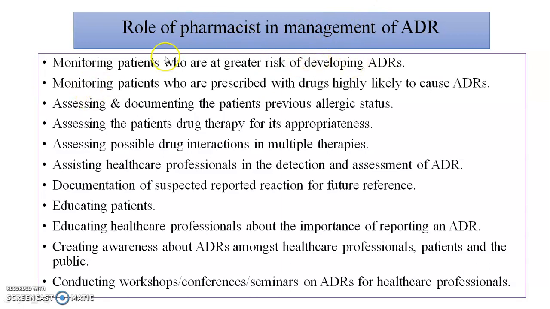Pharmacists should monitor patients who are prescribed drugs likely to cause an ADR, for example, NSAIDs, warfarin, anti-TB and anti-epileptic drugs. They should assess and document the previous allergic status of the patient, monitor the drug therapy and its appropriateness, identify drug interactions in case of multiple therapies or comorbid conditions, and assist healthcare professionals in the detection as well as assessment of ADRs.